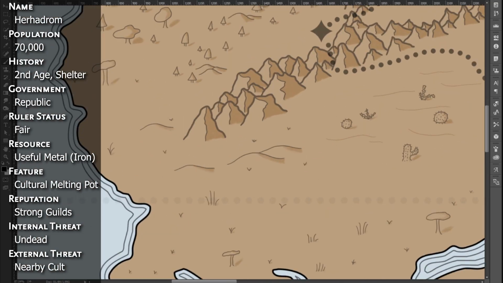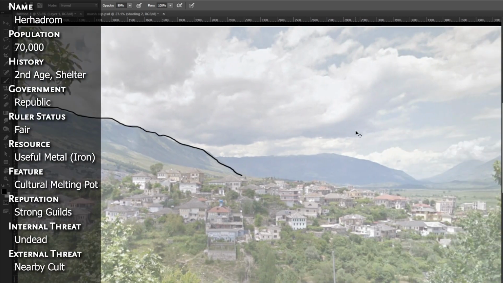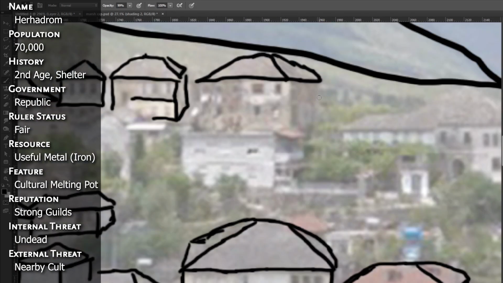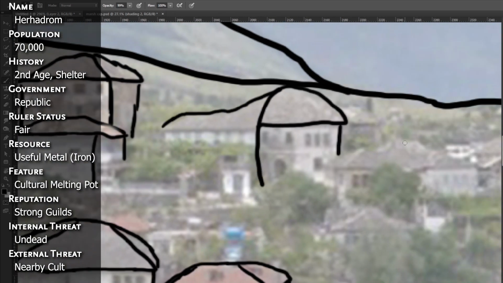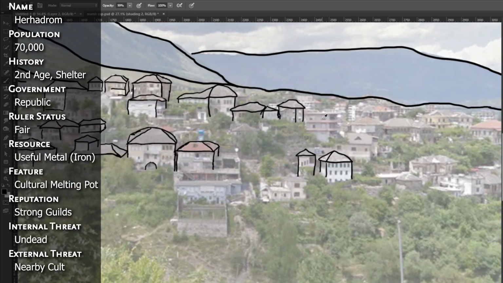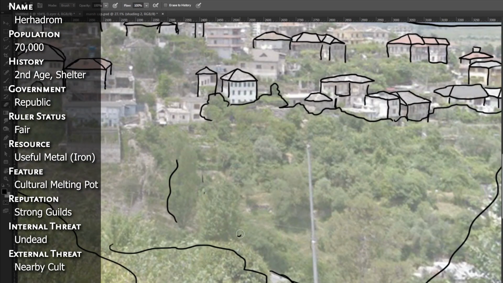Nestled in the southern Stavat Mountains, Herhadrom has stood the test of time. In the wake of the relentlessly expansionist Hevingvat Empire, this city was founded out of necessity. Herhadrom was originally an amalgamation of 3 separate tribes, looking to resist the military advances of their neighbors to the north.